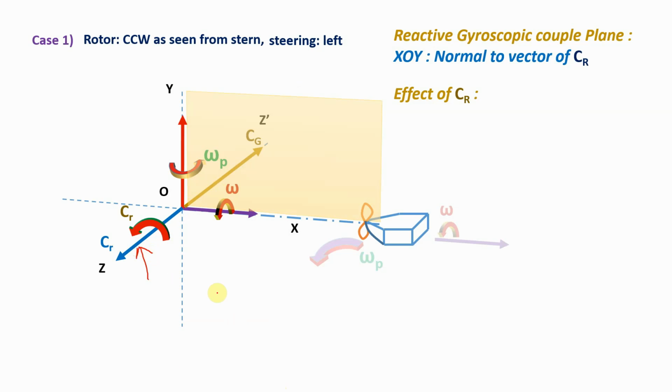So reactive torque is acting in this plane in counterclockwise sense, and its effect on ship will be, it will dip the bow and raise the stern.